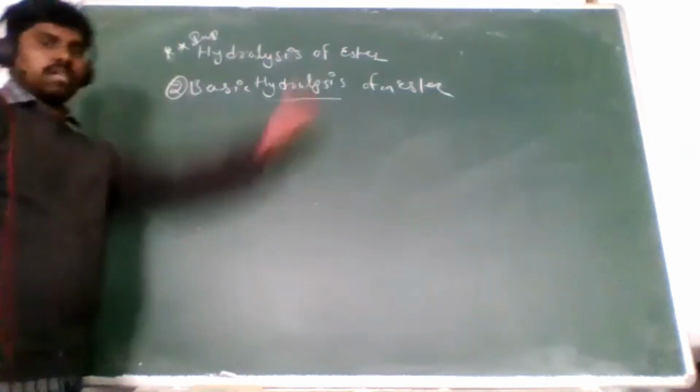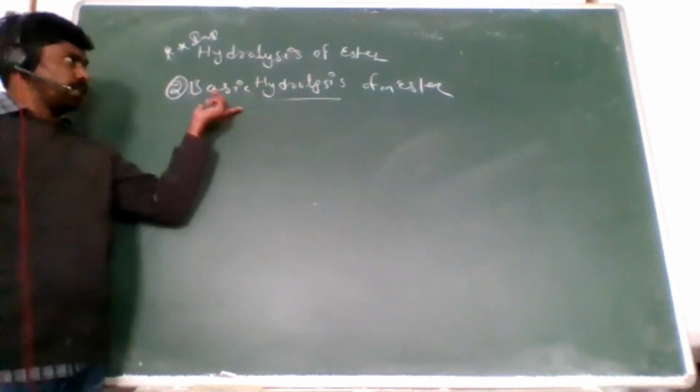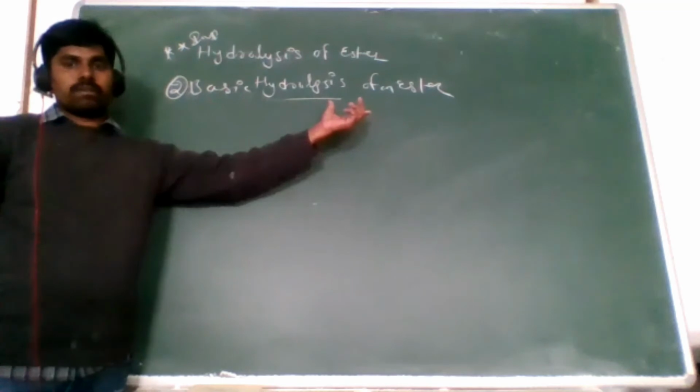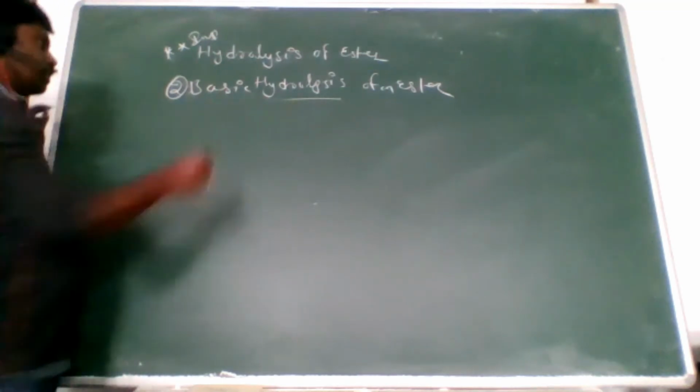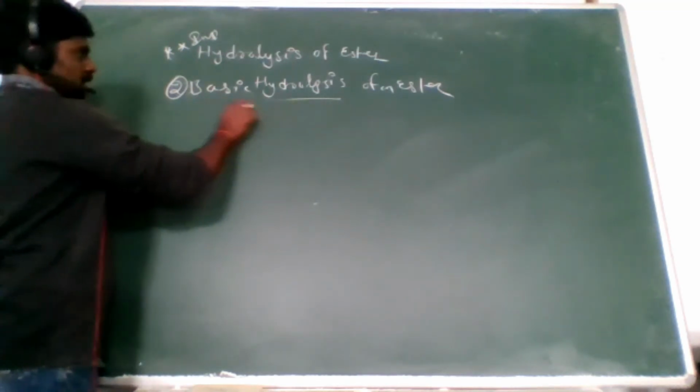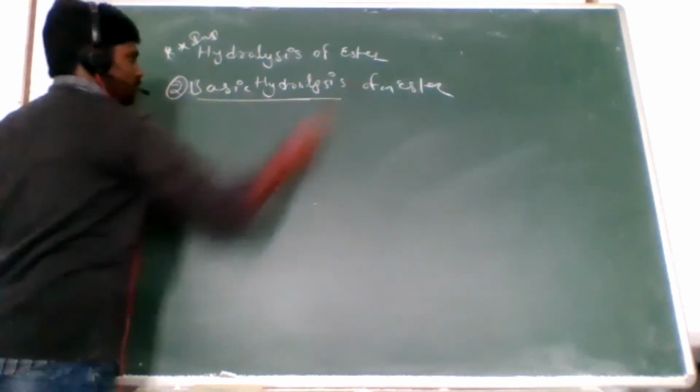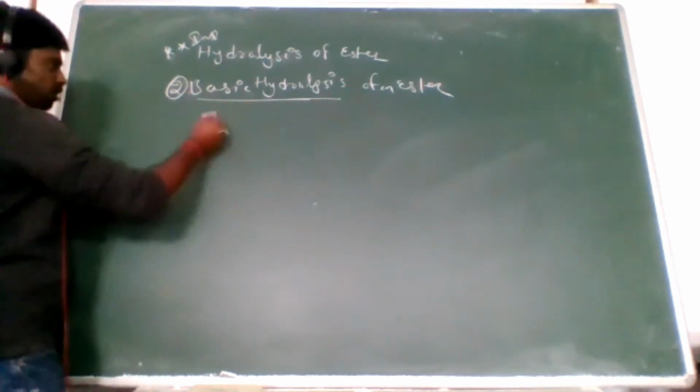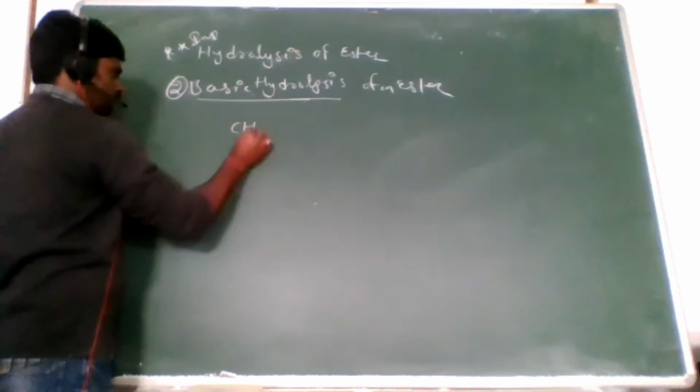Right. Next is the basic hydrolysis of esters. That means under basic conditions, the ester undergoes hydrolysis. Look here, I take the ester, CH3 C double bond O, OCH3. This is the ester.